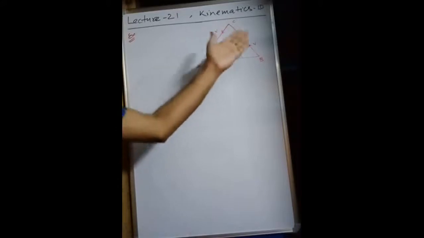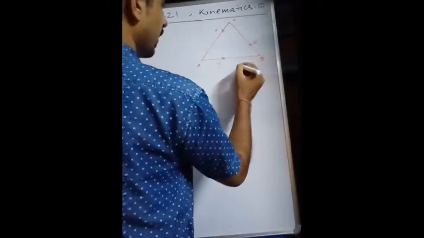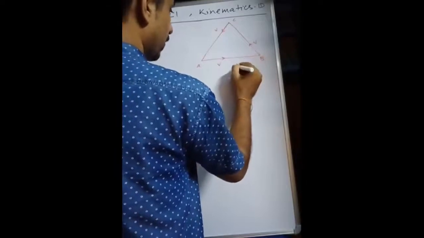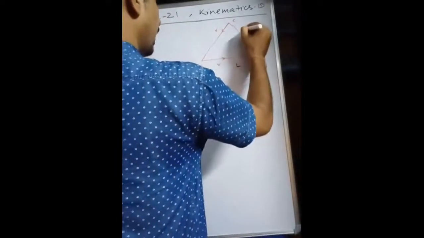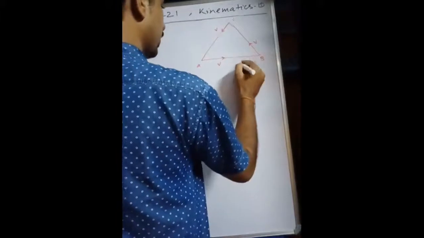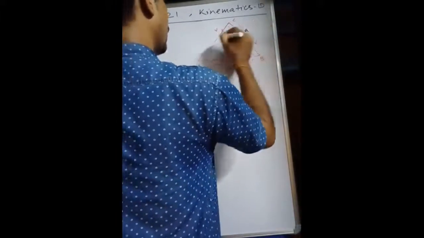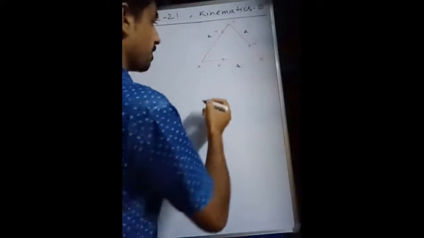The side of the triangle was given, I think a or L, I don't remember exactly. Suppose it is L. It was an equilateral triangle. Now, my dear students, look at it very carefully.